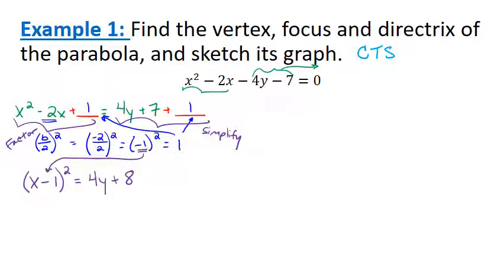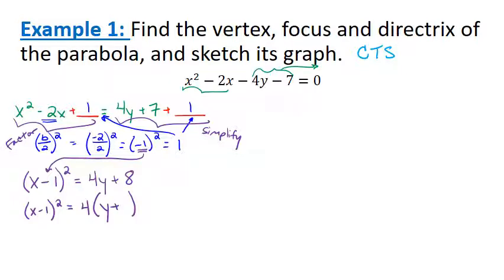Now I'm getting really close to the standard form of my equation. The only thing I need to change is this side. So I'm going to factor out a GCF. The left-hand side remains the same. This is my GCF.